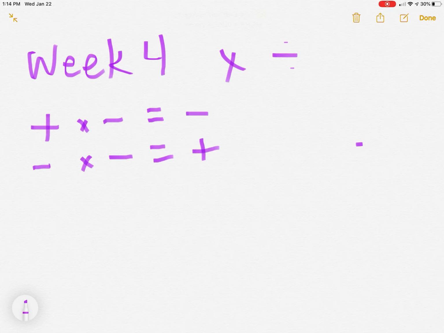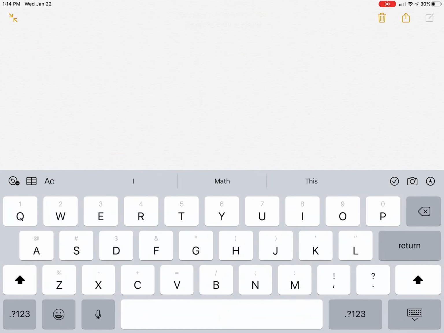And it's the same for division. If you have the opposite signs, it's going to be negative. And if you have the same signs, positive or negative, it's going to be positive. Okay? Really easy. All right, so let's get another page here.